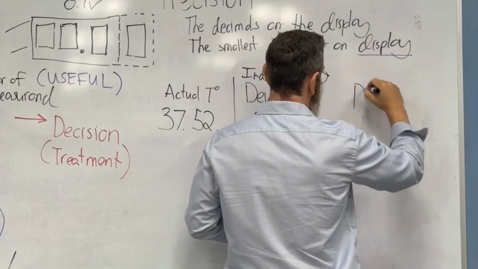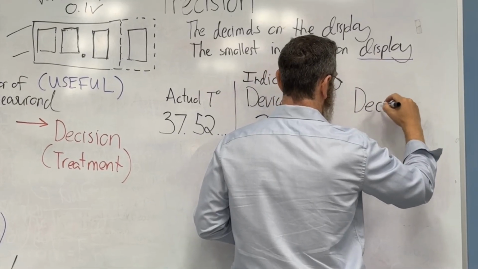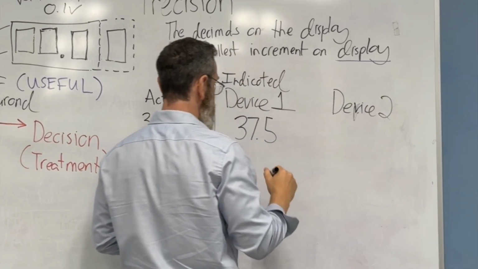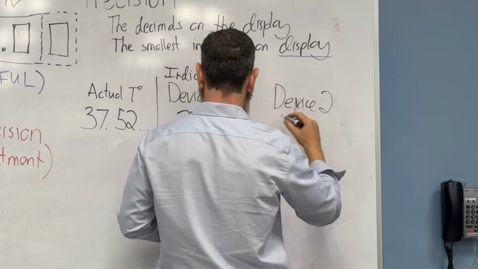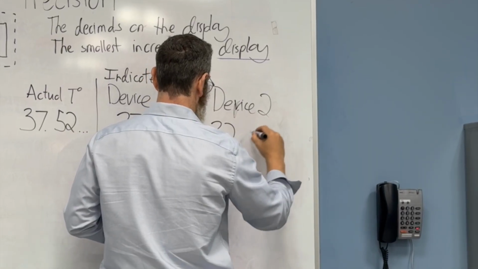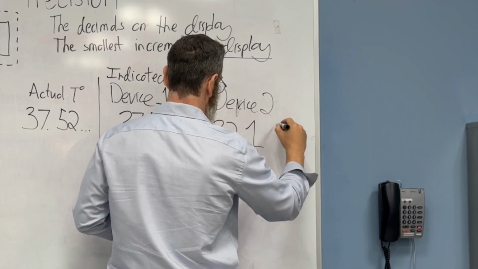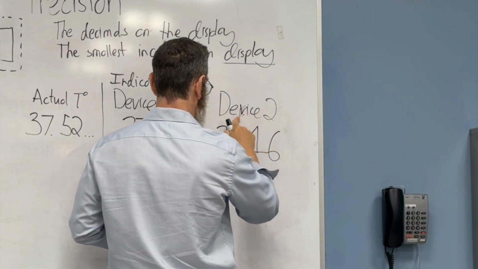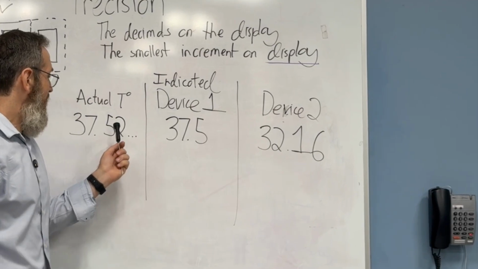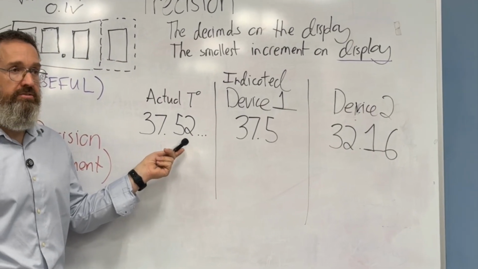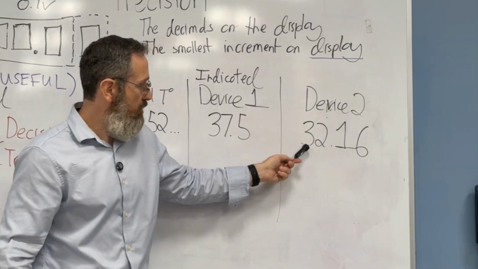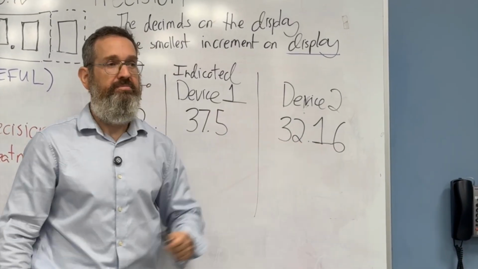Let's look at device 2, and it reads 32.16. Actual temperature is 37.52. This one reads 37.5. This one reports 32.16.